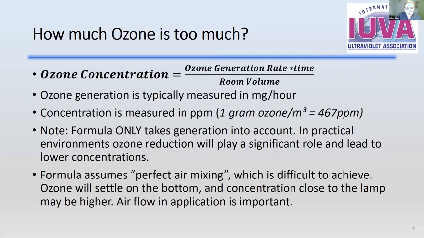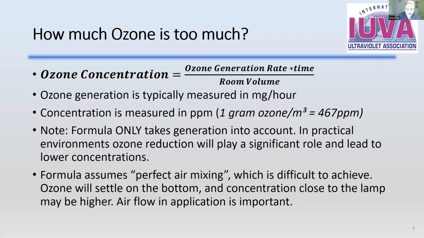The ozone concentration can be calculated. You can look into our paper for more details. An important measurement is the ozone generation rate of a lamp. Now, I want to say that this ozone generation rate, of course, only takes the generation into account.